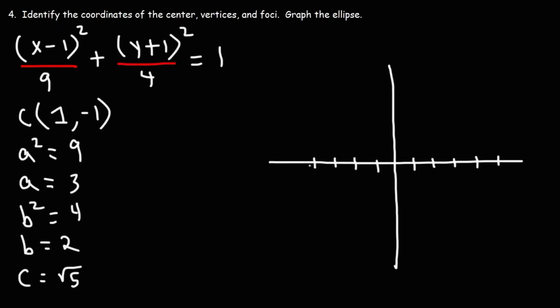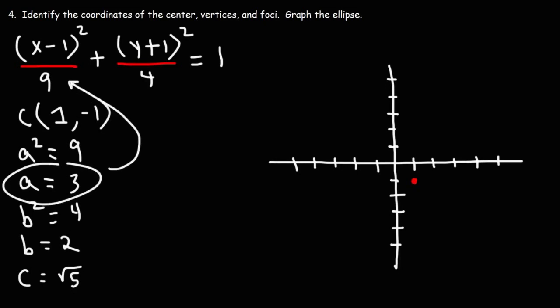Let's first put the appropriate markings on the x and y axis. So the center is at 1, negative 1, which is here. A is 3, and a is associated with the x variable.